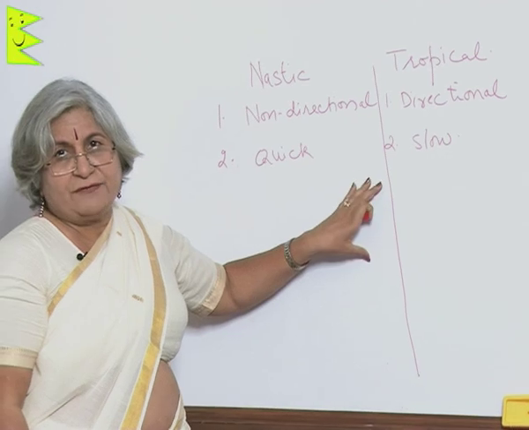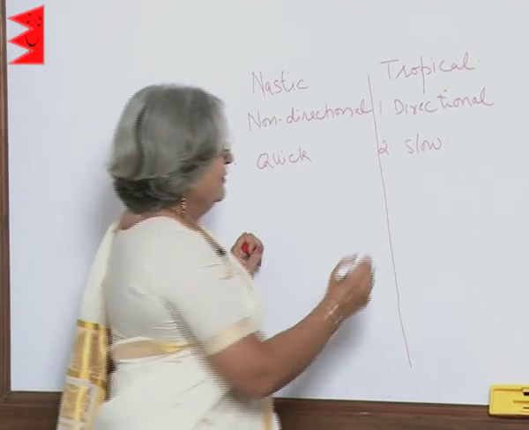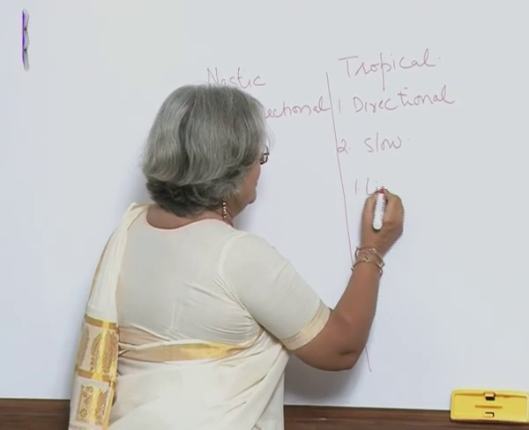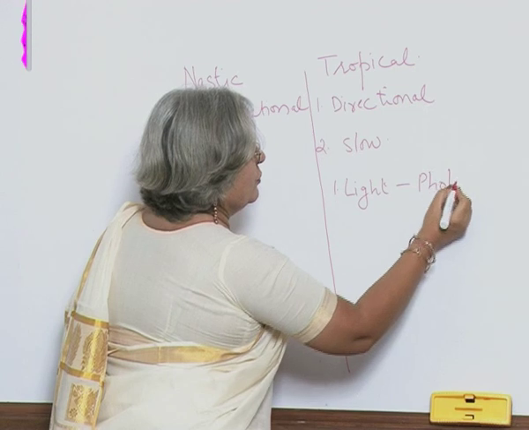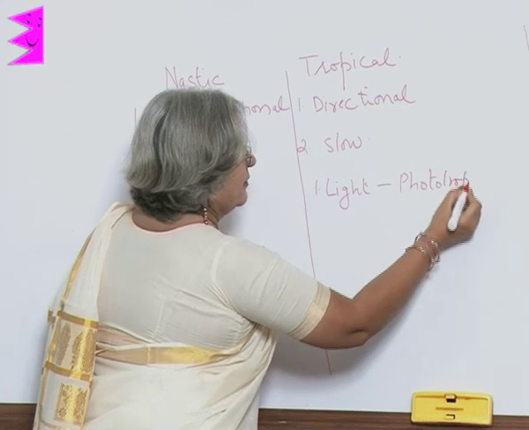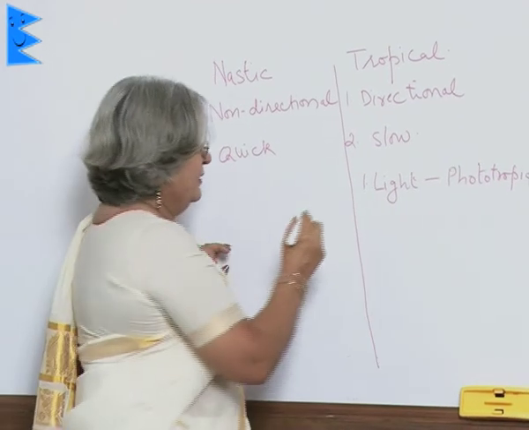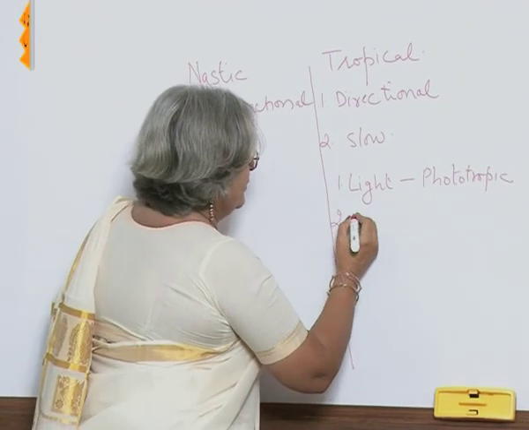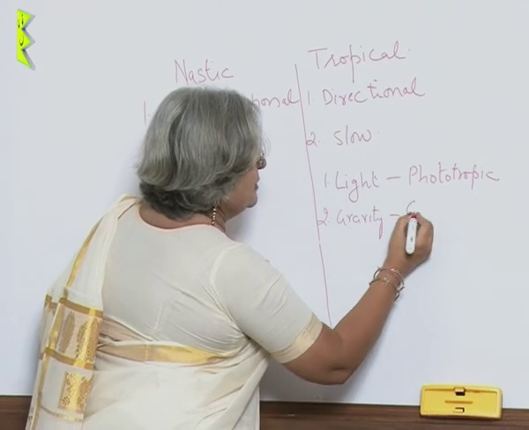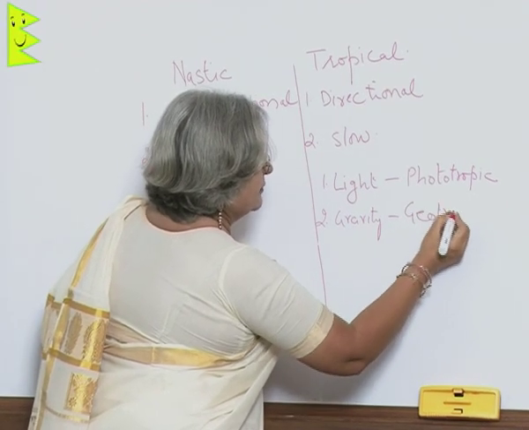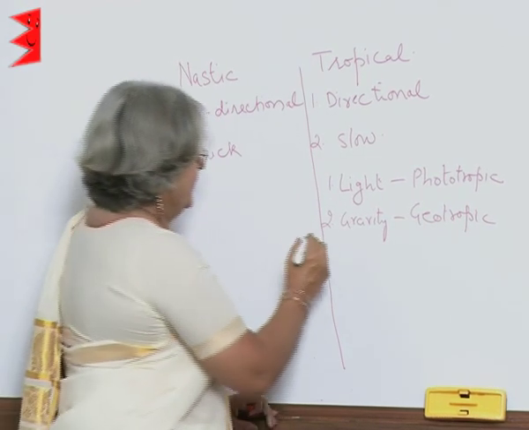Now, in the case of tropic movements, the stimuli can be many. Like it can be light, when it is called phototropic movements. Photo means light. Then gravity, and it will be called geotropic. Geo means earth.